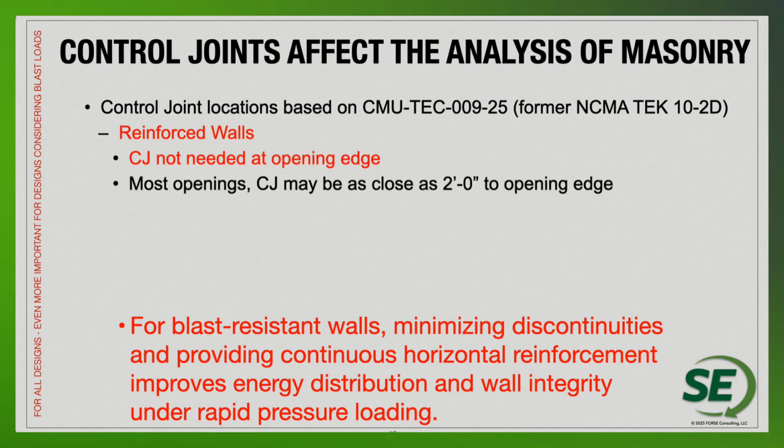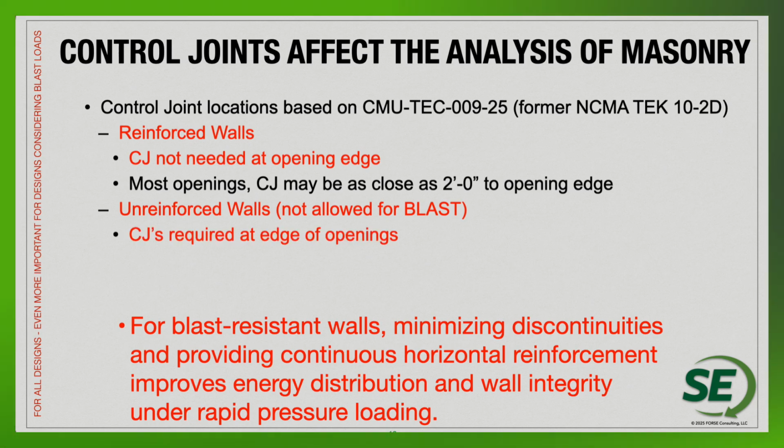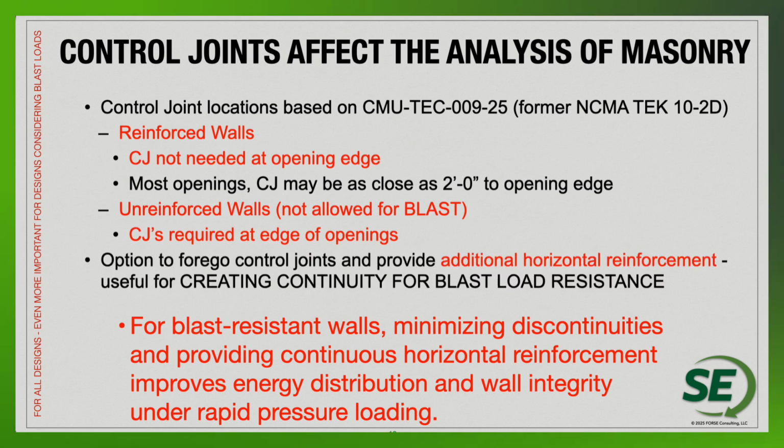For most openings, control joints could be as close as 2 feet. Unreinforced walls are not allowed for blast, but if we did have those, that's when we see control joints at the edge of the opening. When we talk about movement joints, we still have a little bit of resistance with some designers, but if you get into a wall that's going to be there for blast resistance, we can't have unreinforced walls, and those would be the only walls where you'd ever put movement joints at the edge of openings.